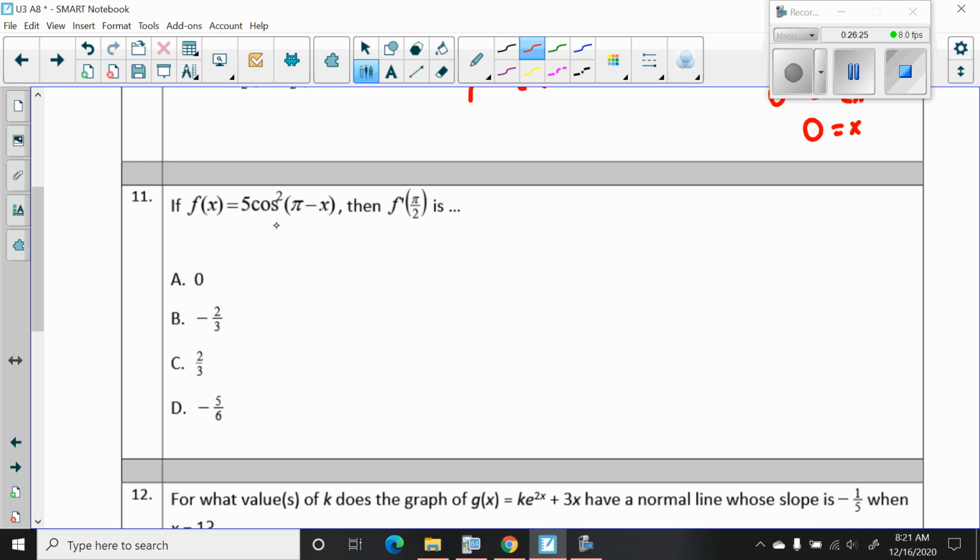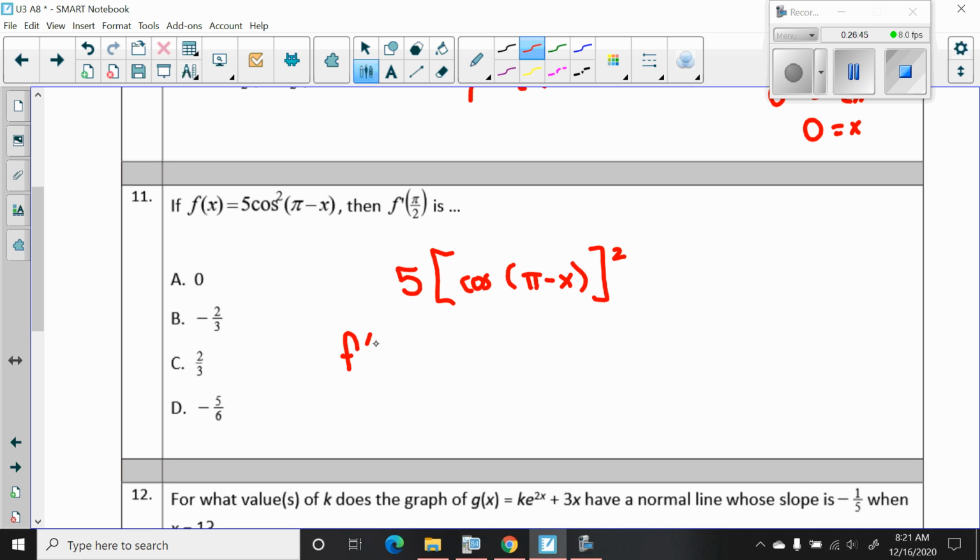If f of x equals 5 times cosine squared of pi minus x, then find f prime. First of all, let's write this down so that we can do the chain rule properly: 5 times cosine of pi minus x, squared. And then the derivative would be, well, 5 times 2.